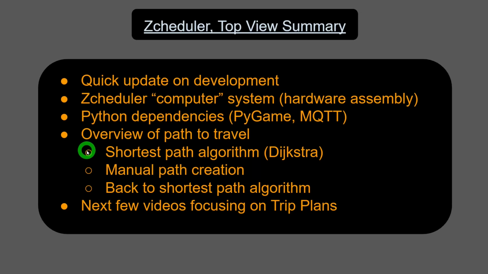In this overview of path to travel, we're going to touch on the shortest path algorithm and the origins of the Zcheduler software, and that one is the Dijkstra algorithm. Then we'll talk again about manual path creation, and then I'm probably going to switch back to the shortest path algorithm, but that'll be the subject of future videos.